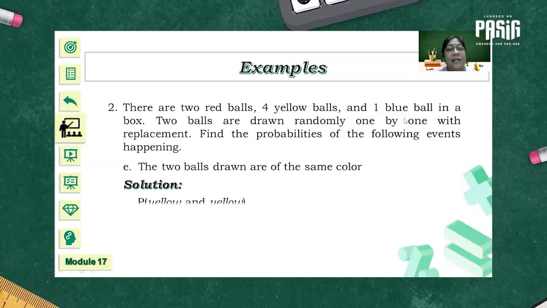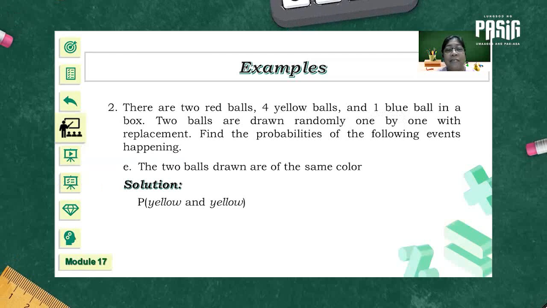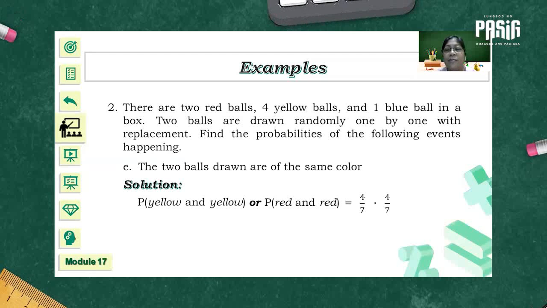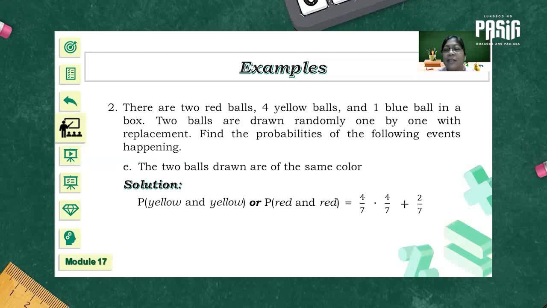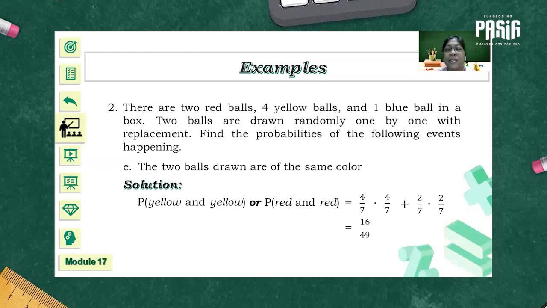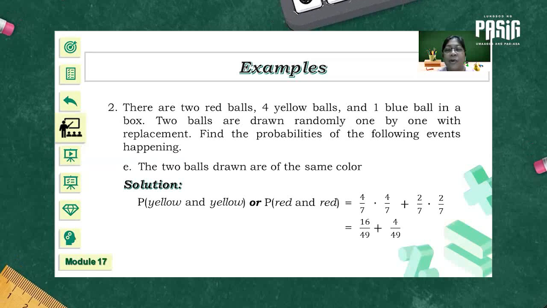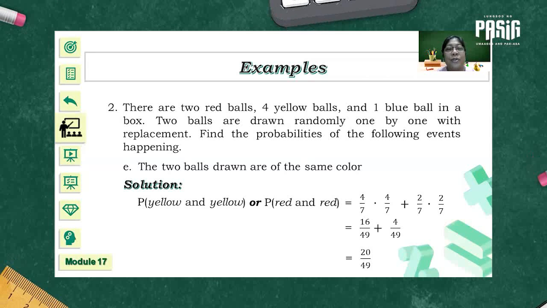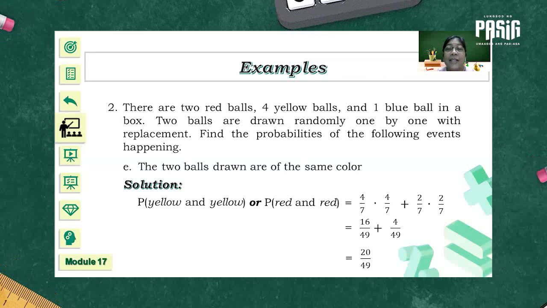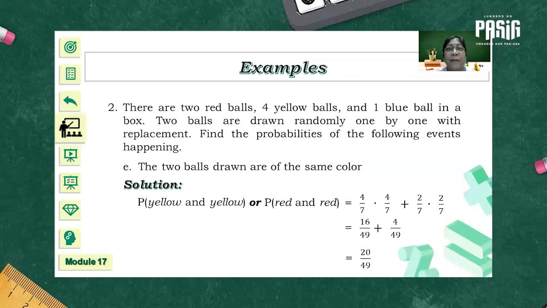Therefore, we have the probability of yellow and yellow or the probability of red and red, which is equal to 4 over 7 times 4 over 7 plus 2 over 7 times 2 over 7, which is equal to 16 over 49 plus 4 over 49, which is equal to 20 over 49. So the probability that the two balls thrown are of the same color is equal to 20 over 49. I hope I made it clear.